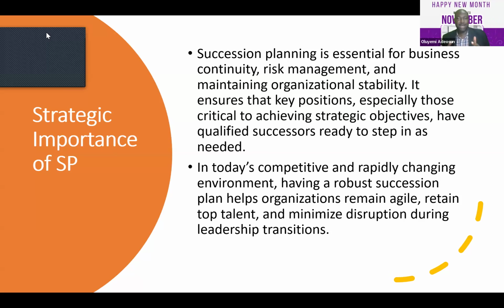In today's competitive and rapidly changing environment, having a robust pipeline helps organizations remain what? Agile. You see, let me say this, and I'm not trying to be poetic, even though it may sound a little poetic right now. If you don't have a robust succession plan in place as an organization, your organization is not going to be agile.